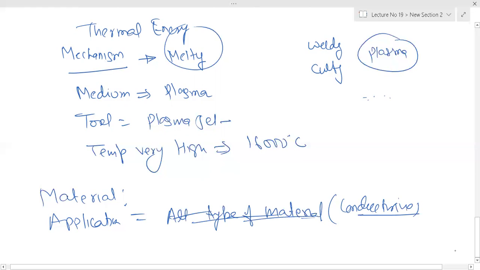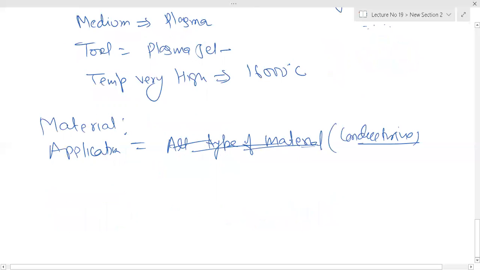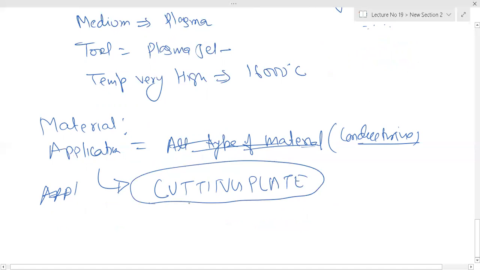Conductive material, that is the application, because the plasma is to be forced. And basically, the application is generally used for cutting plates. Again, I am telling you, cutting plates. GATE will ask only this, cutting plates.